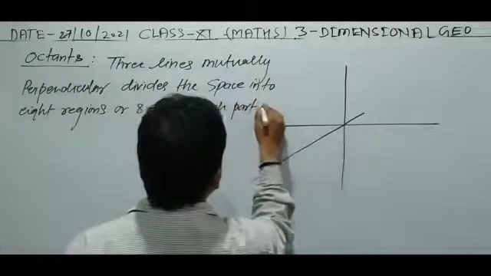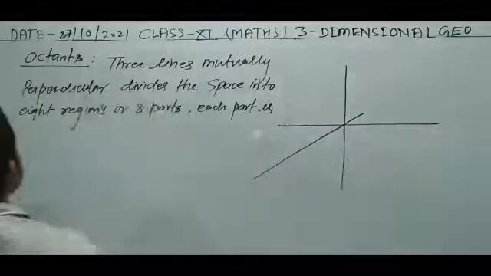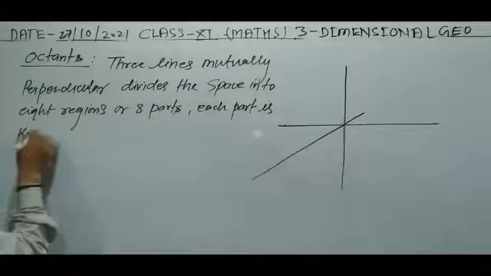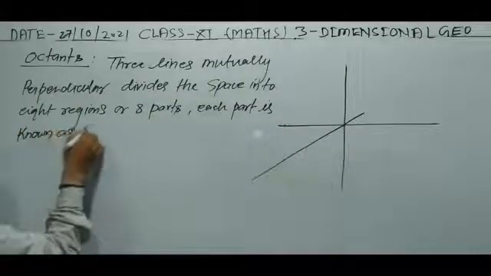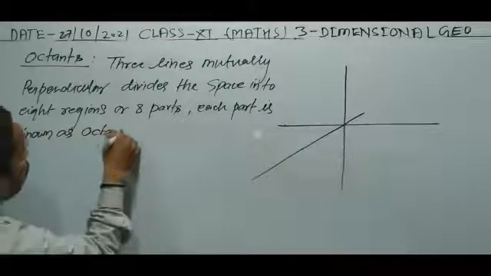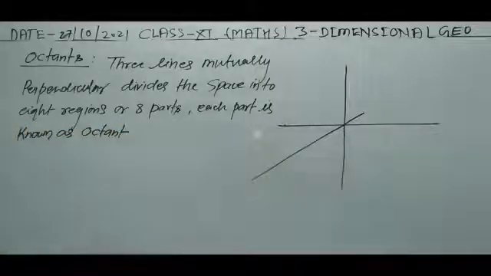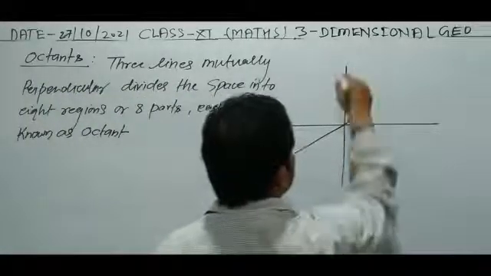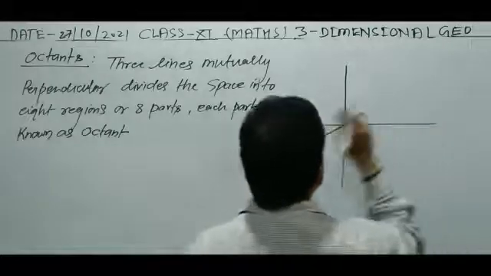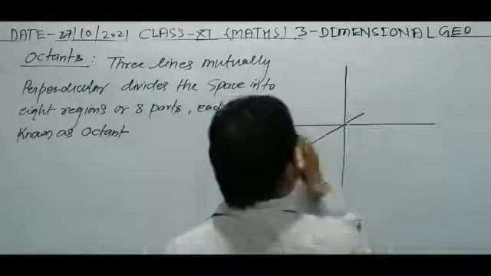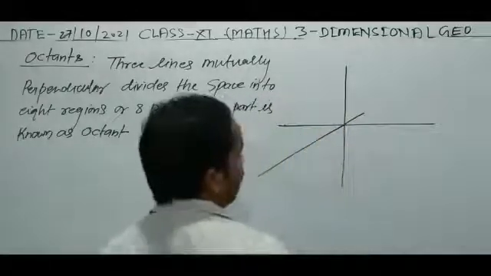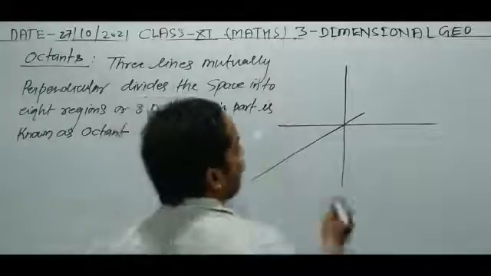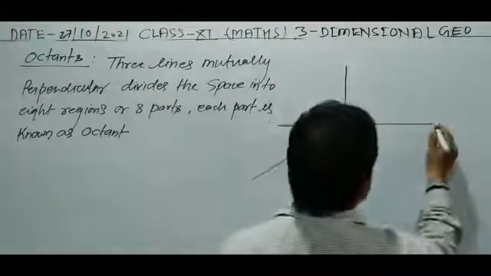Each part is known as an octant. So three mutually perpendicular lines divide the space into 8 parts, and these 8 parts are known as octants.